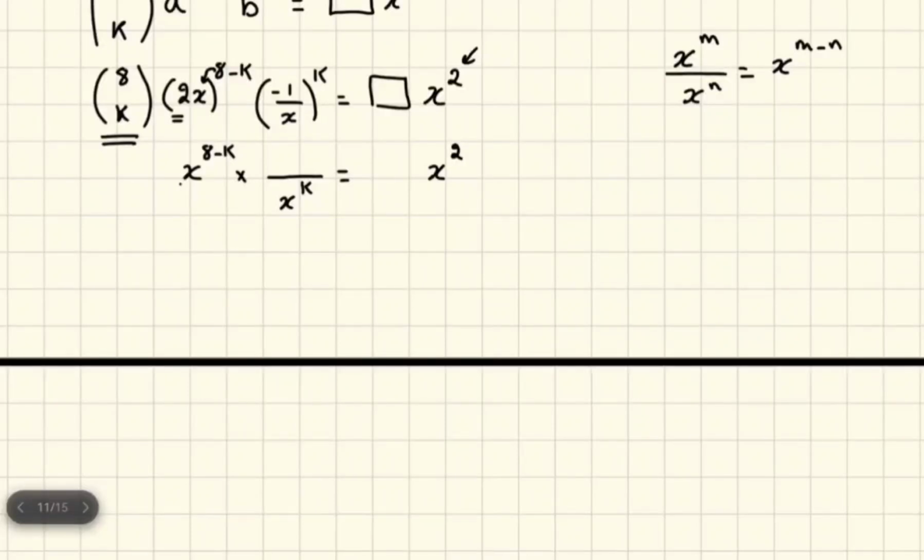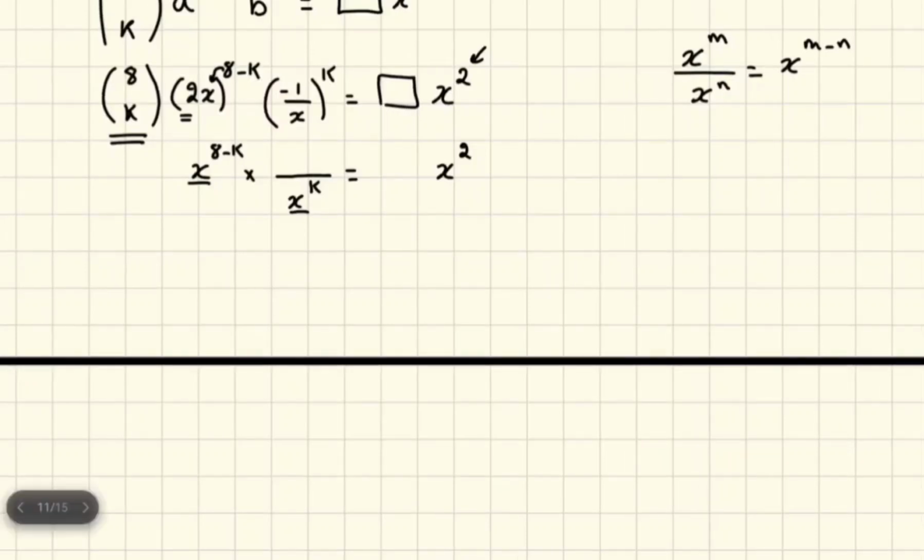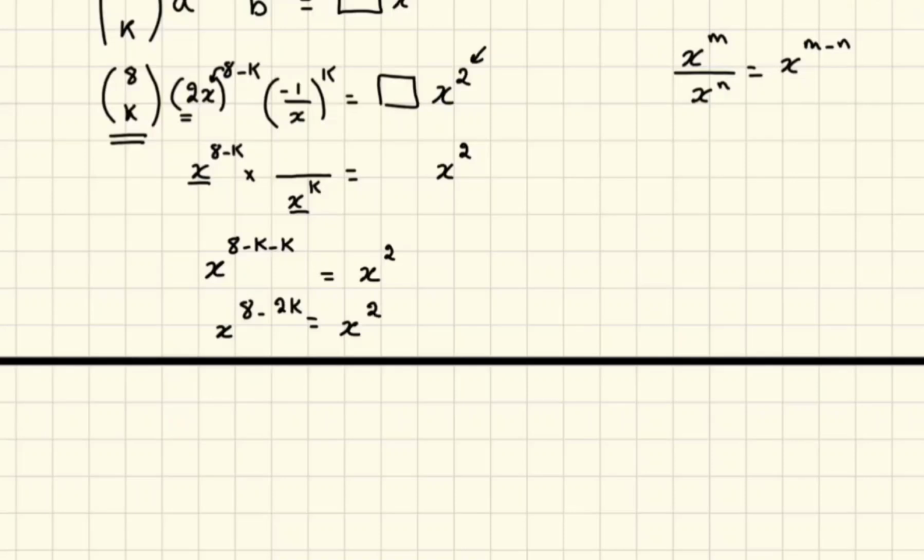Following this rule, I see x in the numerator, so it's on top. It's not the denominator, so it is in the numerator. And this x is in the denominator, and since we have a product between them, we can simplify it to 8 minus k, and I know my answer in this case will be x squared. So basically, x exponent 8 minus 2k is equal to x exponent 2.